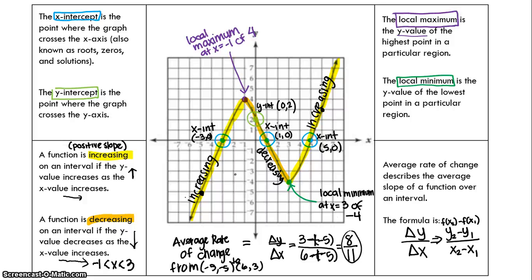So imagine this function was showing what's happening in the stock market. Over time, so if time was X and the value of a stock was Y, you would be able to say on average what is happening, instead of worrying about every single little up and down change. So these are our basic function characteristics that we will be practicing identifying off of various functions.